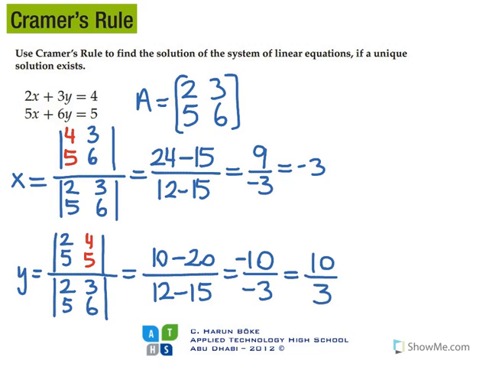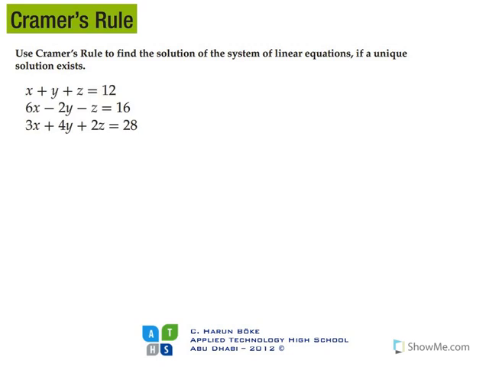So what if we have a 3 by 3 system? Well, the idea is the same. I'm going to write a coefficient matrix again. So it will be 1, 1, 1, 6, minus 2, minus 1, and 3, 4, 2.